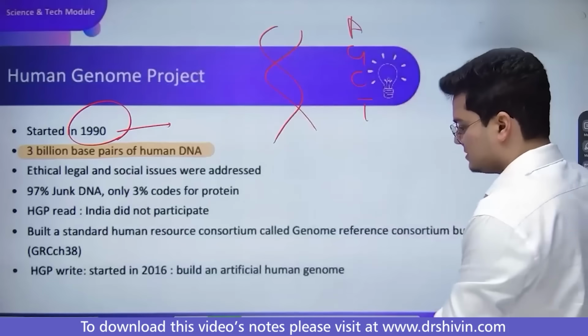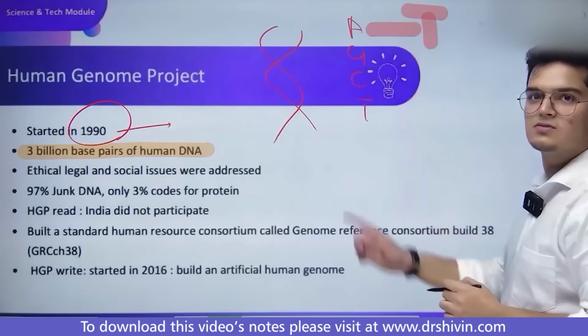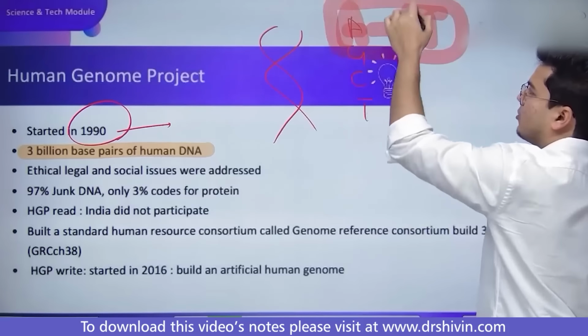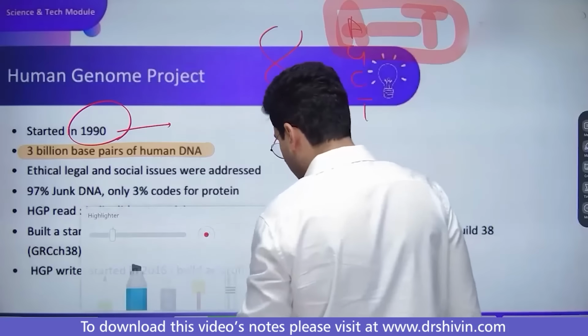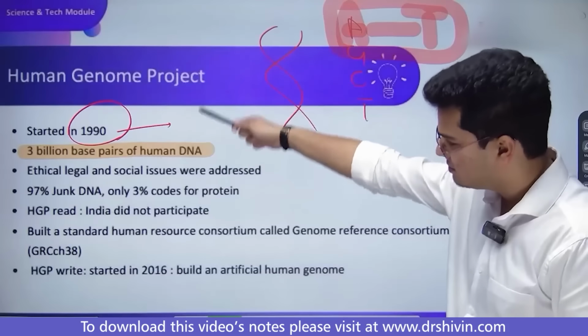Base pair means, as A is paired with T, right? This is one base pair, A and T. G pairs with C. So there were 3 billion base pairs in the human genome when they sequenced it.